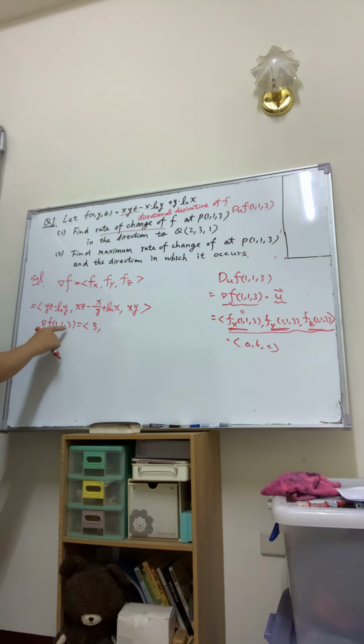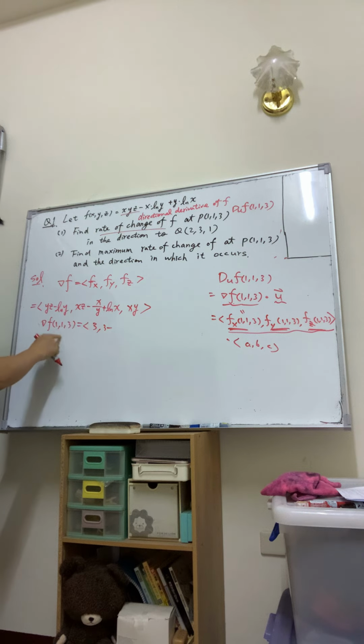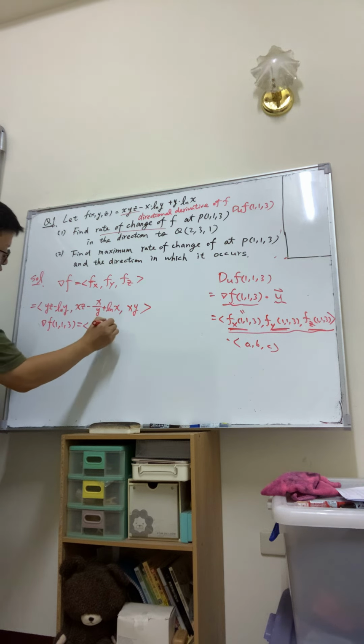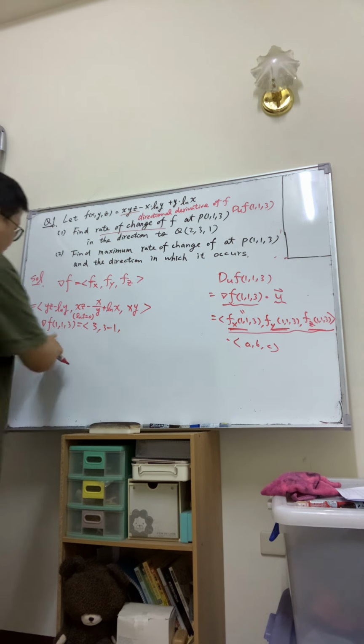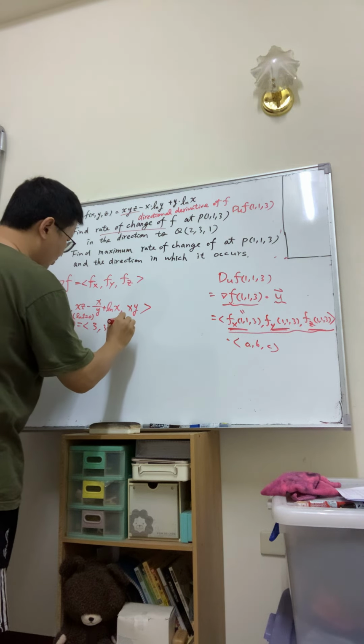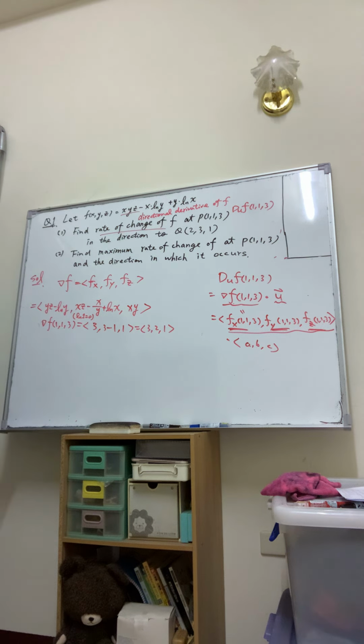And here is 1 times 3, so it's 3 subtract x over y, which is 1 over 1, so 1, plus natural log of 1. We know that natural log of 1 is 0. And x times y is 1 times 1, so it's 1. So now it's 3, 2, 1. So the vector is 3, 2, 1.